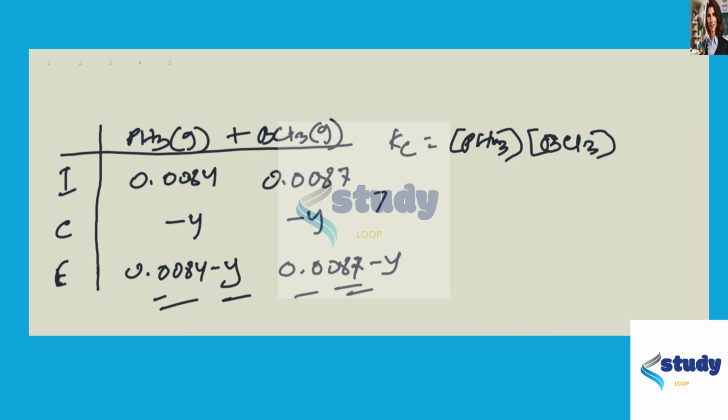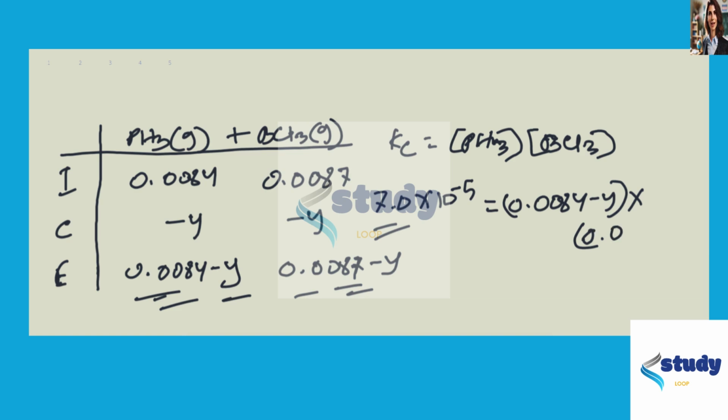The value of Kc we have calculated as 7 times 10 to the power minus 5, and since this value is constant for a given temperature, it will be the same here unless the temperature is changed. The PH3 concentration is 0.0084 minus y, times the BCl3 concentration 0.0087 minus y.